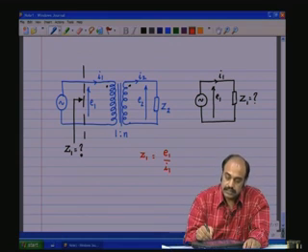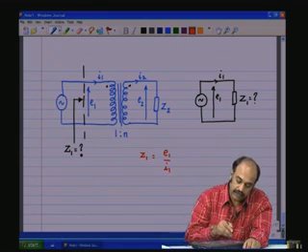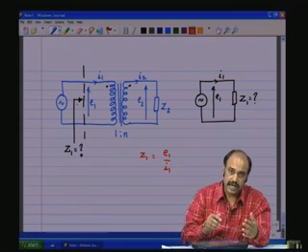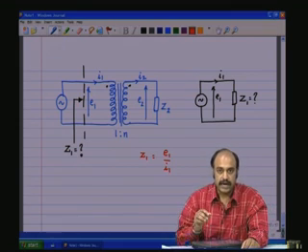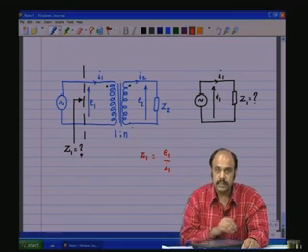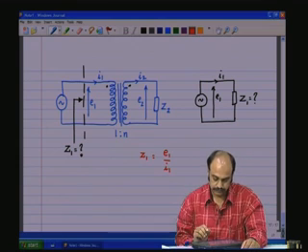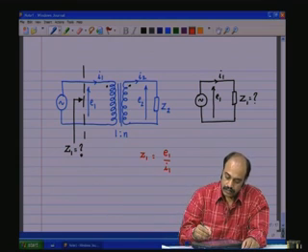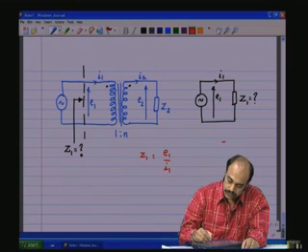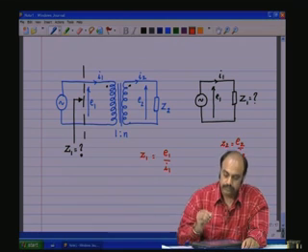But this Z1 is supposed to be the reflected source impedance as seen from the primary, but the actual real impedance is on the secondary side, and that is Z2. And Z2 is E2 by I2.